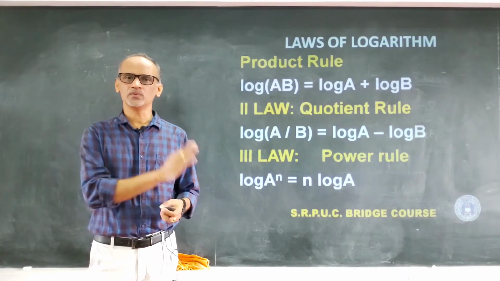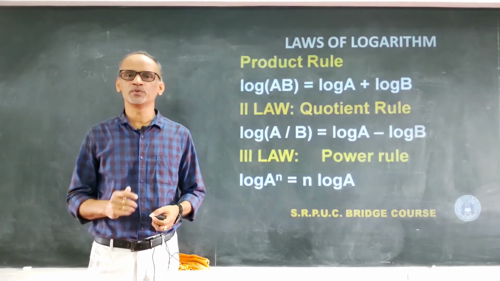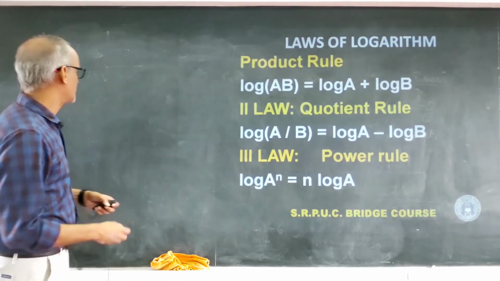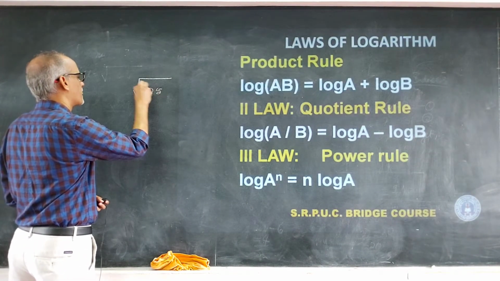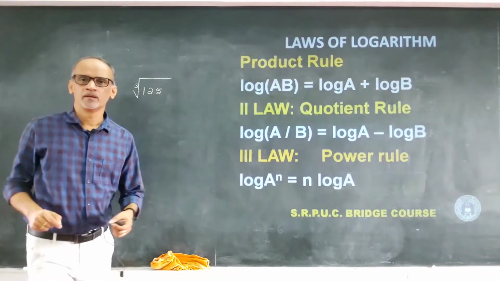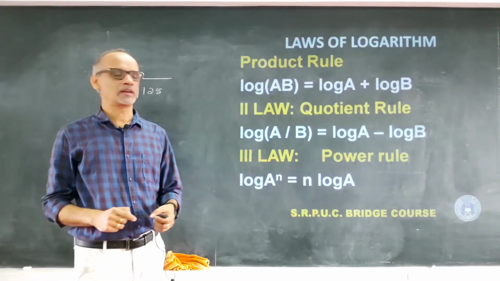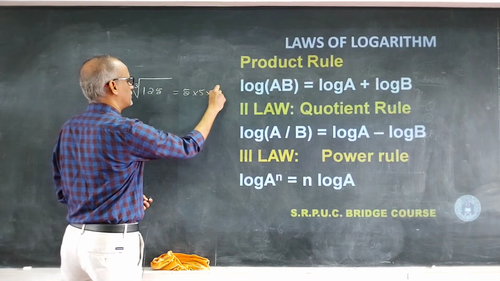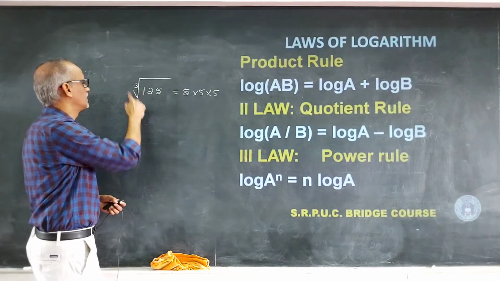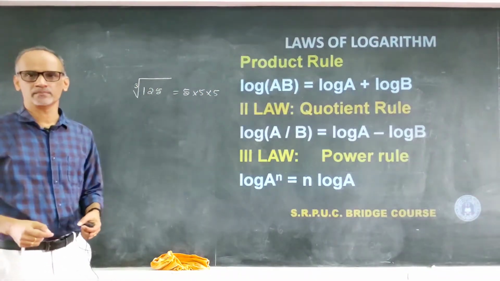But otherwise, how to find the cube root of a given number. For example, if it is the cube root of 125, now this is a perfect cube. Cube root of 125 is nothing but 5, because 5 into 5 into 5 will give you 125. So that is how I can find it.